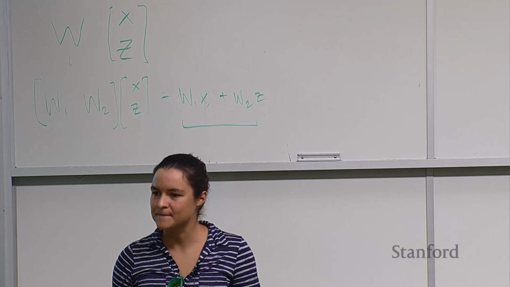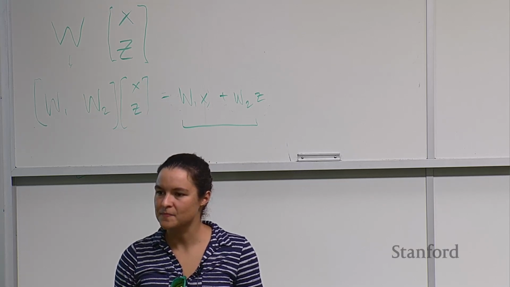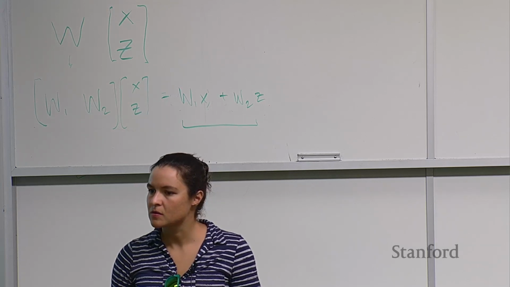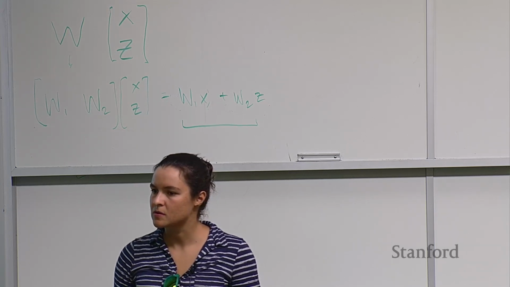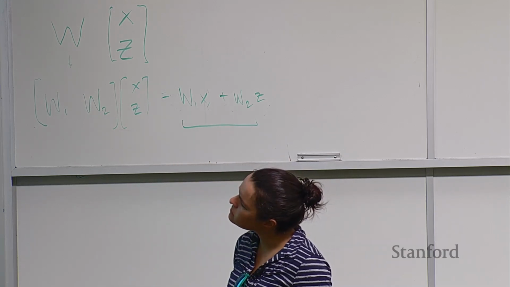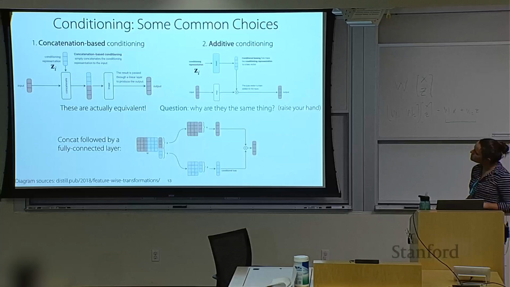So for the non-linear thing, shouldn't the concatenation-based approach be better because it would then explore the correlated terms between X and Z as well? It could explore X and Z separately, and then it could also explore X and Z together, the correlated terms.